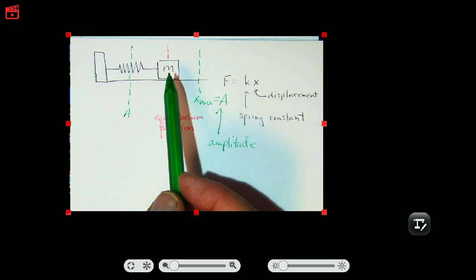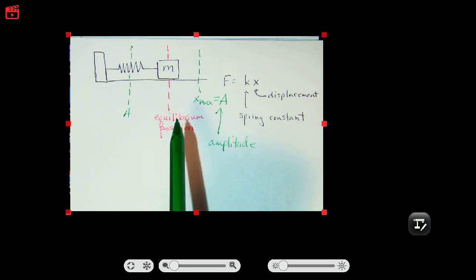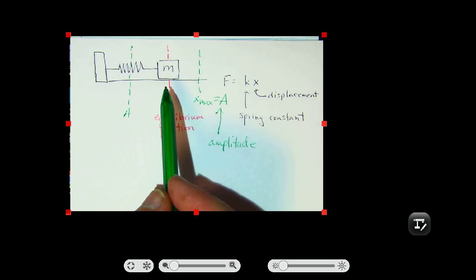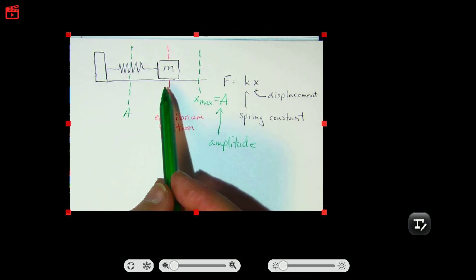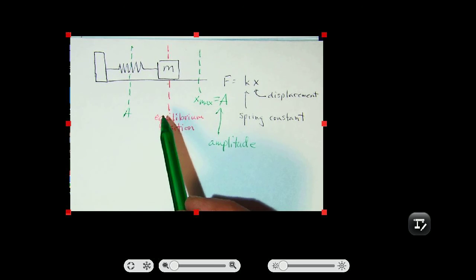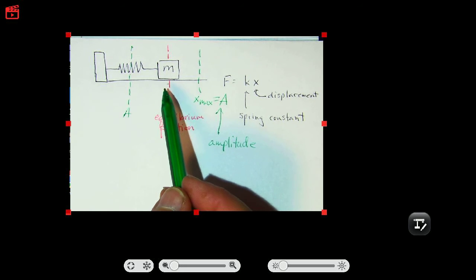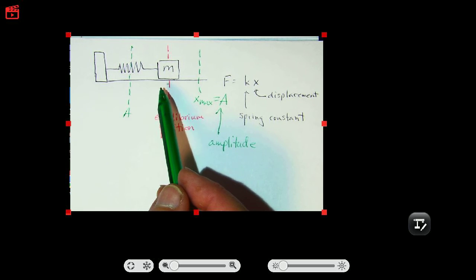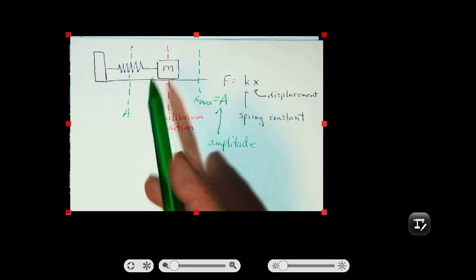Now, we need to talk a little bit about what's happening at each of those places. At the equilibrium position, before we pull on it, it's not moving. There's no forces acting on it, nothing changing its motion.